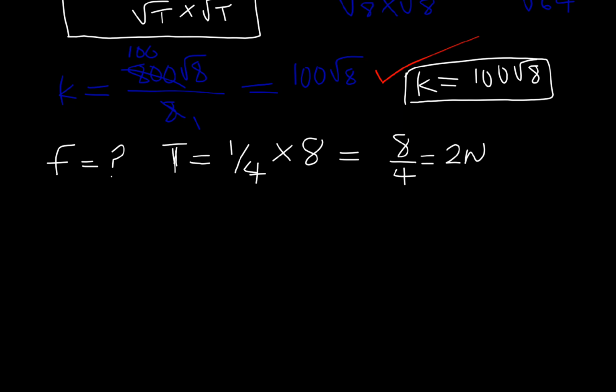The first established relationship is f equals k root T. And we are asked to calculate the frequency, so we just need to plug in our data. f equals k, which is 100 root 8, times the square root of 2, which is the 2 newtons here, the square root of 2.